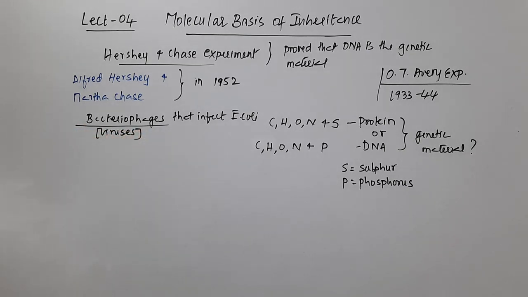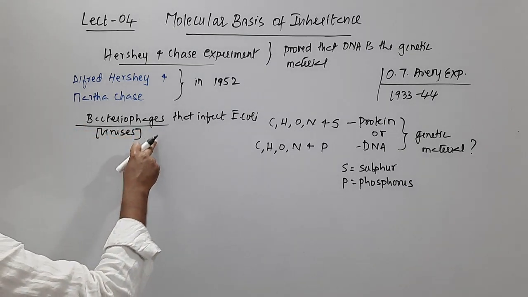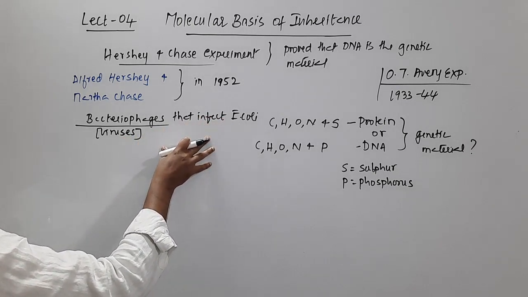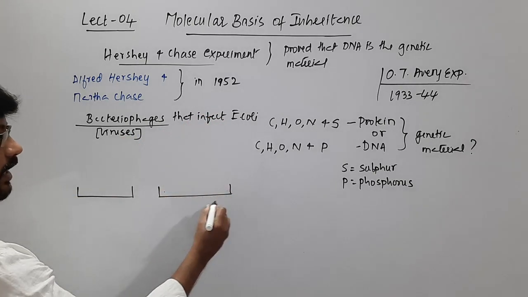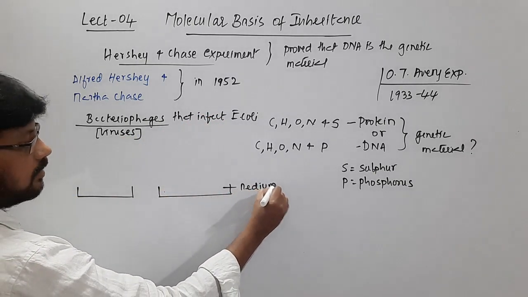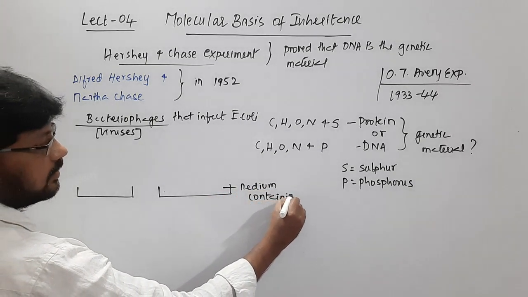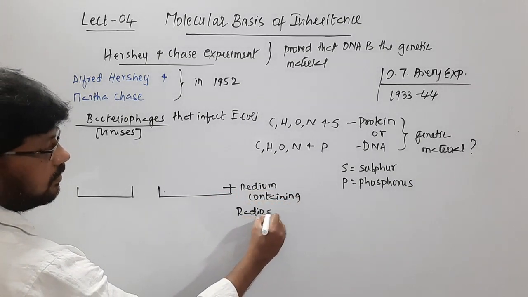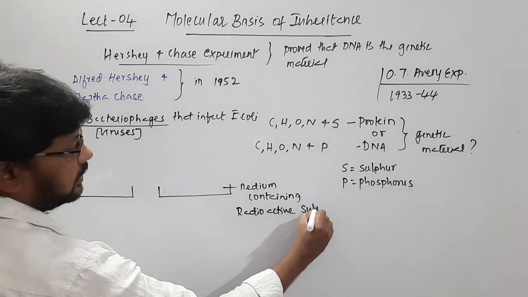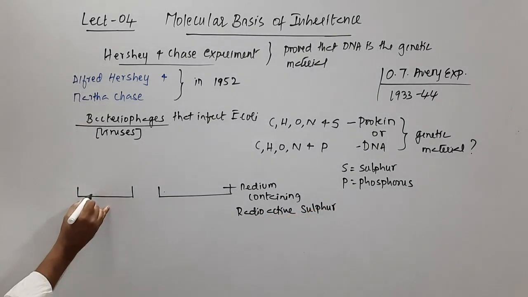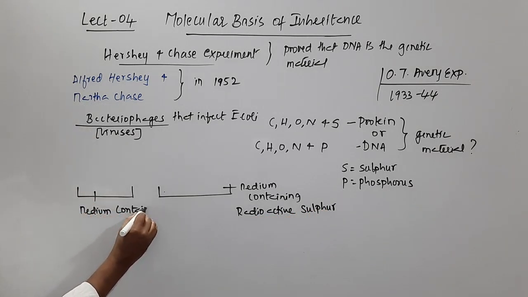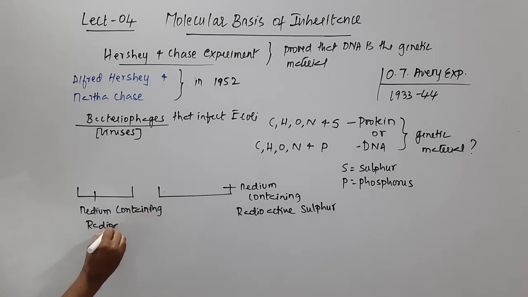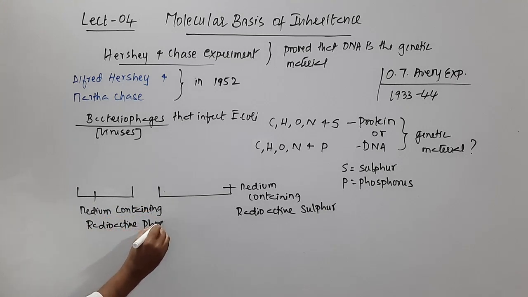So they took the bacteriophages that infect E. coli, and now they have taken two mediums. This one is a medium containing radioactive sulfur, and this is a medium containing radioactive phosphorus.